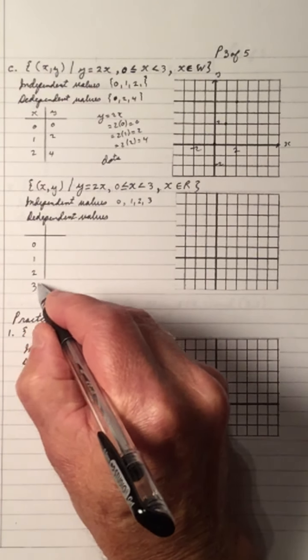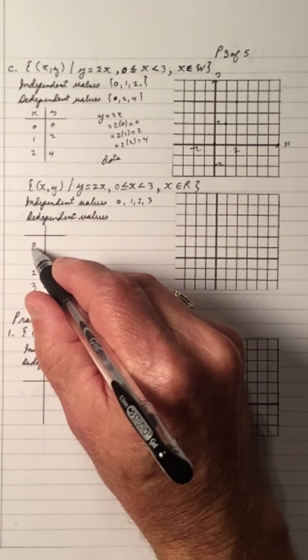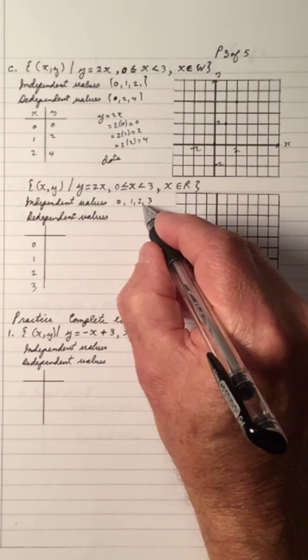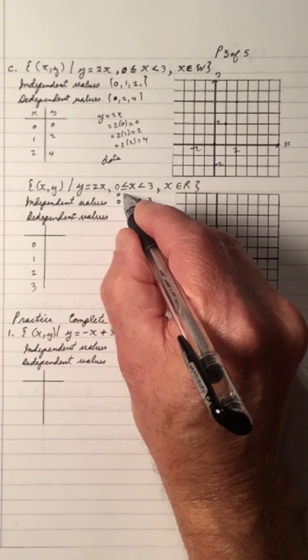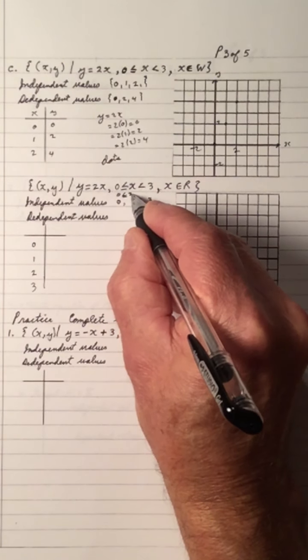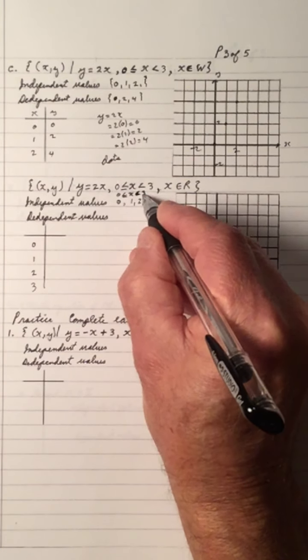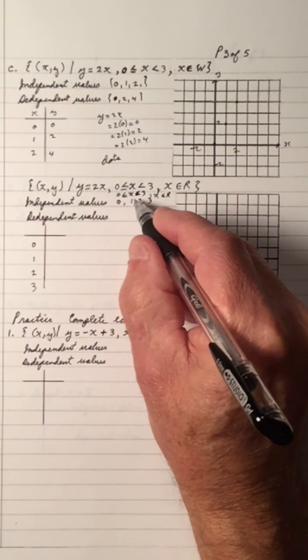So 0 starts this when I shade in, and 3 ends it. But 3, I put 3 here, but really your independent variable is any number in between; I have to write all this down for the independent variable.